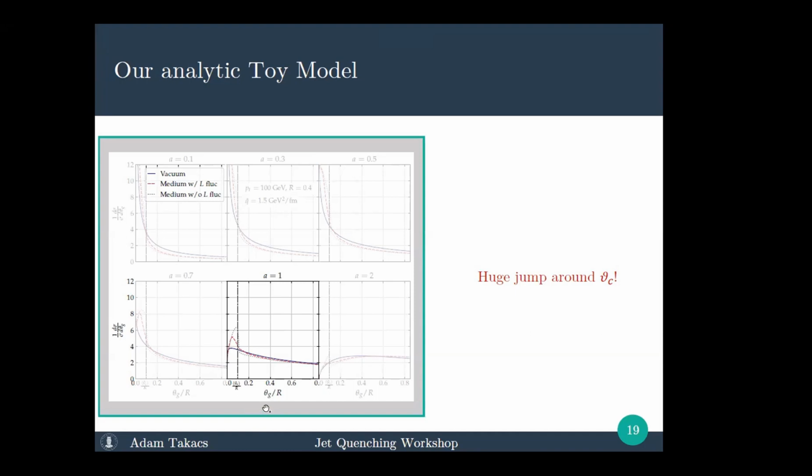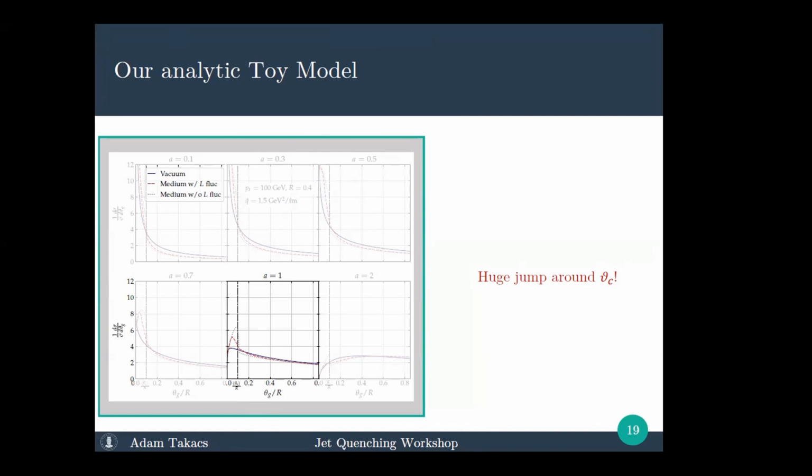And what you can see here, barely, is the blue line, which is the vacuum that I just showed in the first part of my talk, while the gray line is the medium modified, which you cannot see, but I will describe to you. There is a suppression at big angles, and there is a big enhancement at small angles.